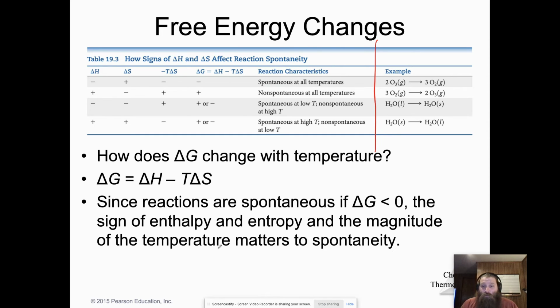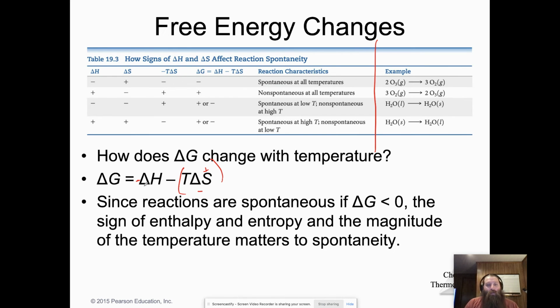Since your reactions are going to be spontaneous when delta G is less than 0, right, when it's negative, the sign of enthalpy and entropy and the magnitude of the temperature is going to all matter to spontaneity. Because if I have a negative enthalpy, and I end up with a positive entropy change, well, my negative T delta S, because it's negative T times a positive, this whole thing is going to end up as a negative.